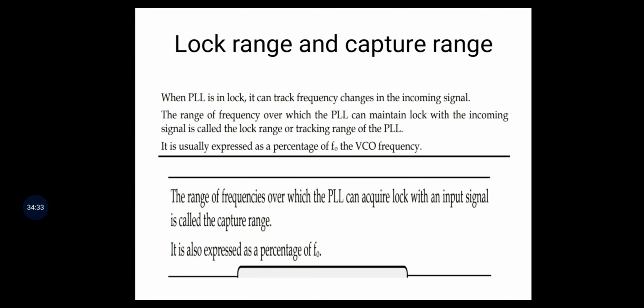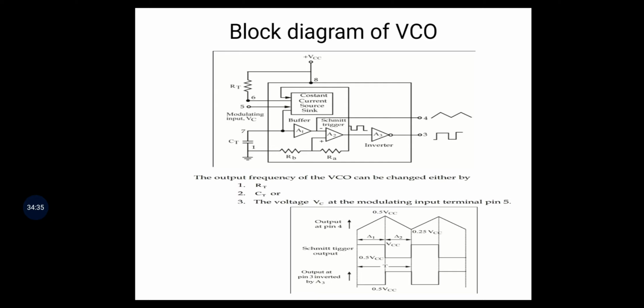So this is the block diagram of the voltage controlled oscillator and the output waveforms. The time period of the two waveforms depends on the RT and CT values.